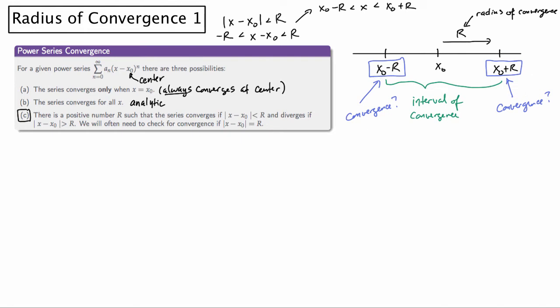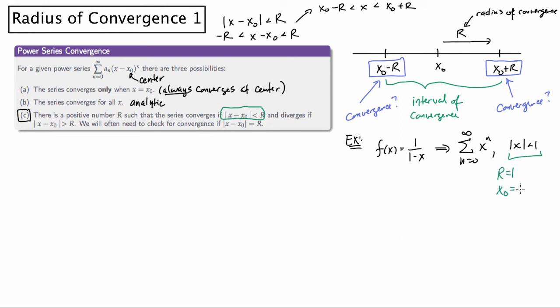A good example of this is previously we said that the function 1 over 1 minus x has a power series representation given by this, and this is valid for the absolute value of x less than 1. Well, if you compare this with this notation here, then it becomes clear that R is 1 and the center point is 0.